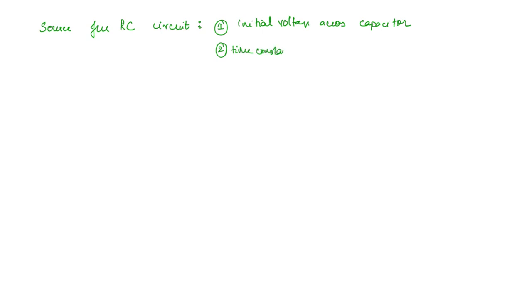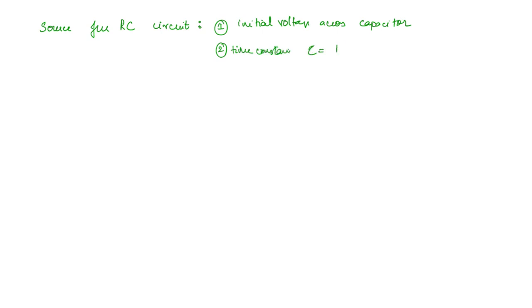So for a source free RC circuit, if you know the initial voltage across the capacitor, and also if you know the time constant, what is the time constant?